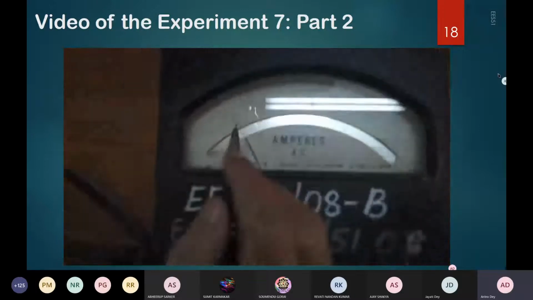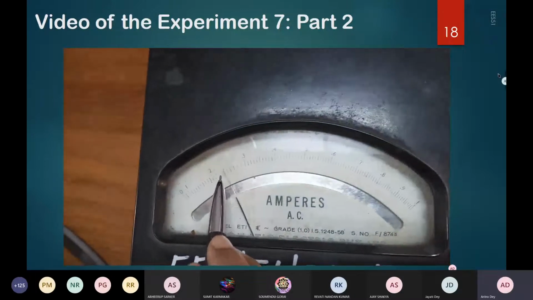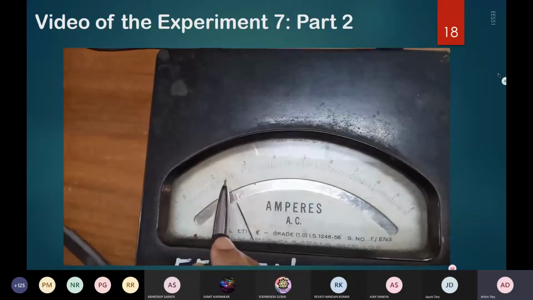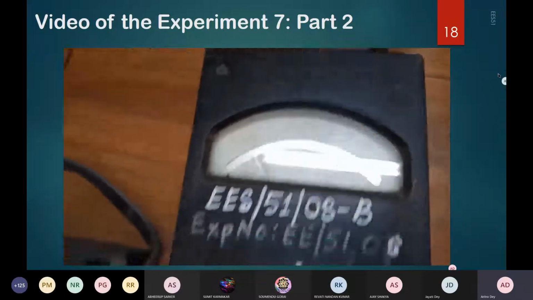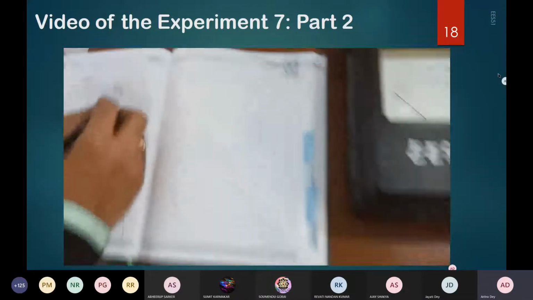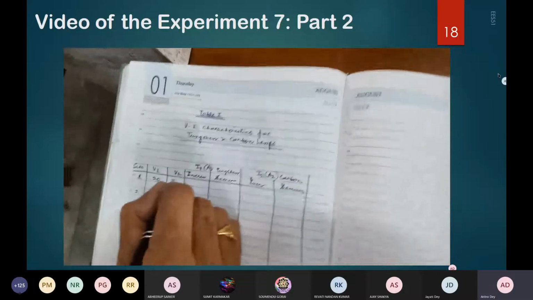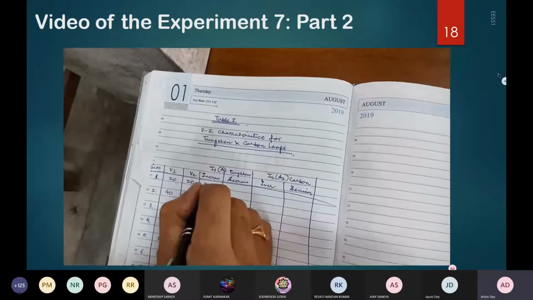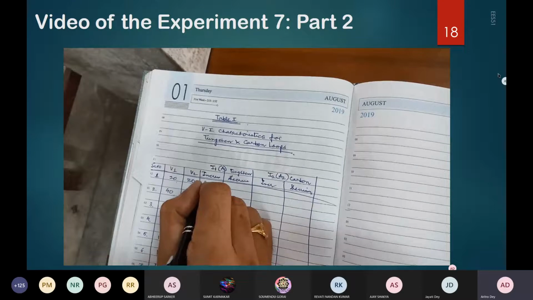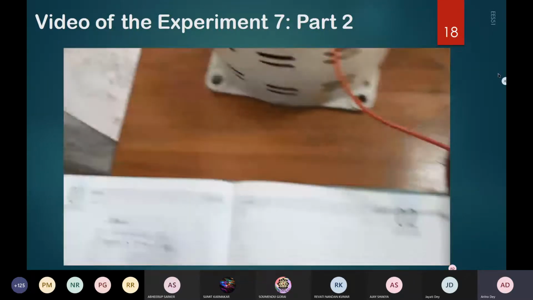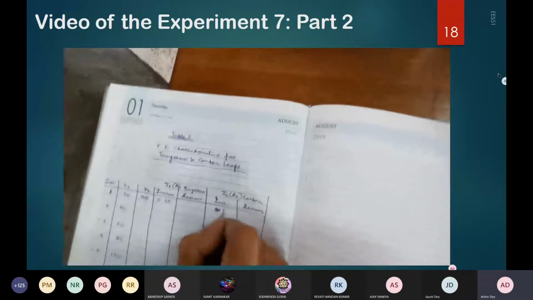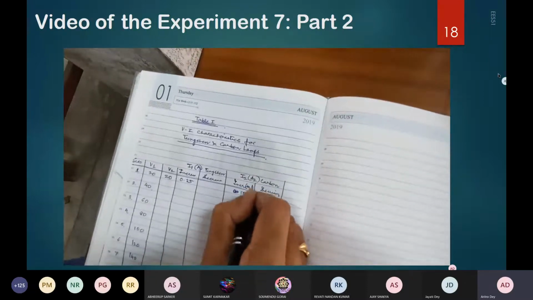For the tungsten lamp, it is a little more than 0.2, a little less than 0.25, so we can record it as 0.25. Tungsten is 0.25, and carbon is very close to 0, so let us take it as 10 milliampere. This is in the milliampere range.